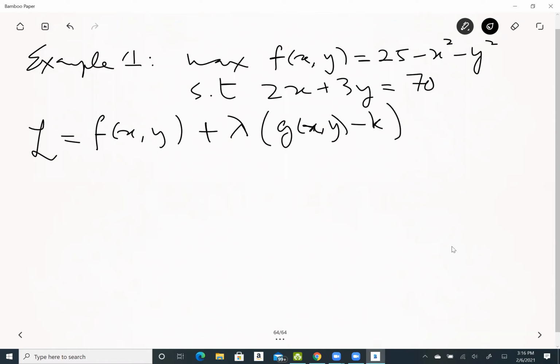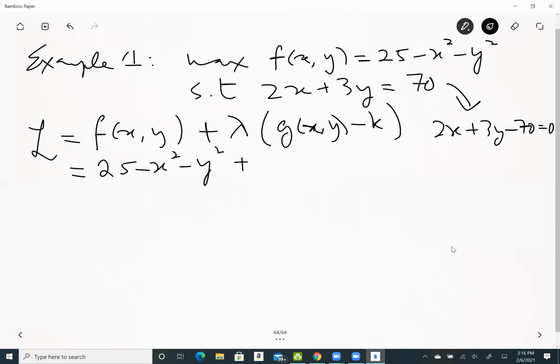So you have to rewrite this, and that becomes 2x plus 3y minus 70 equal 0. So you can write it: L is equal to 25 minus x squared minus y squared plus lambda multiplied by (2x plus 3y minus 70). So that is our Lagrangian function.